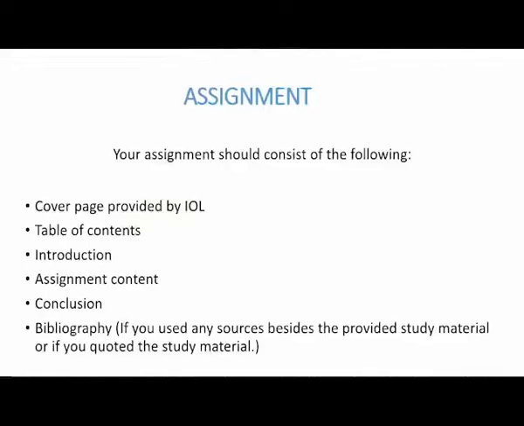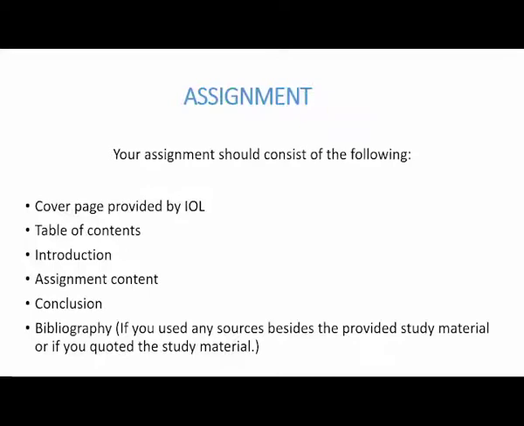Now that you know where we are heading to, I think we are ready to proceed. Let's talk about your assignment. Let's see what the components of your assignment are, what your assignment should consist of.